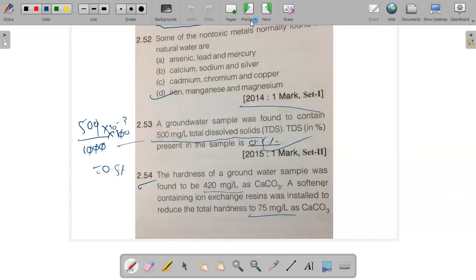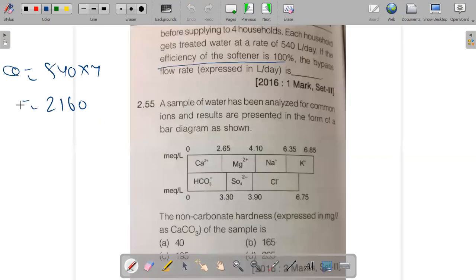So by using common sense, for 420 milligram per liter we have a flow rate. Basically it's the flow rate; by mistake I called it quality of water, sorry for that.